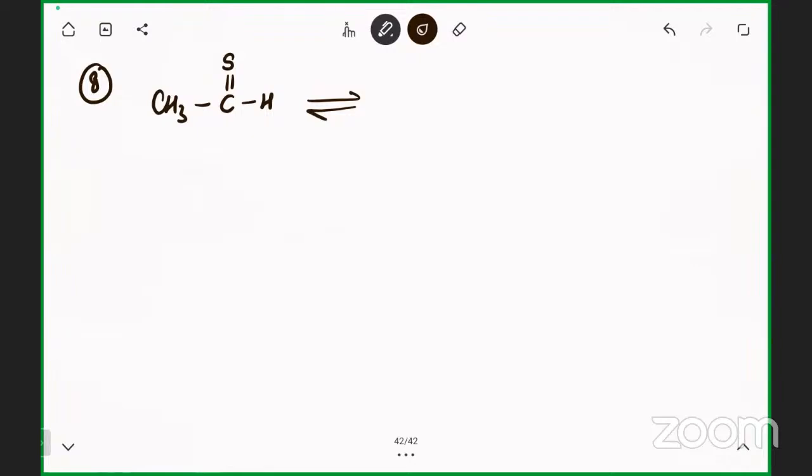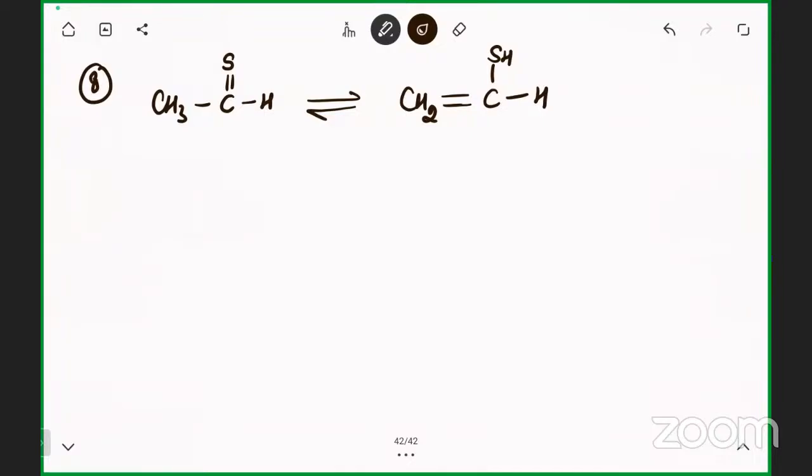CH2 double bond C, single bond SH. Very good. So this is the triad system. Got my point?